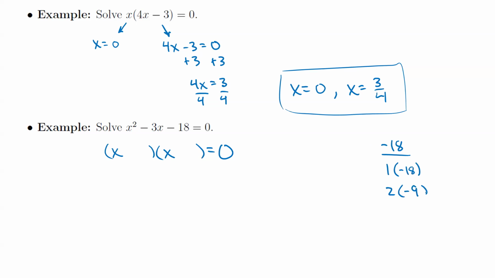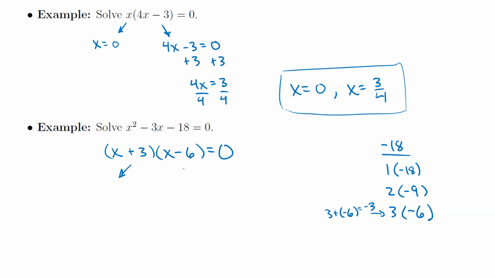So here are our possibilities. And of course, this is the one where 3 plus negative 6 is negative 3, giving us that middle term. So plus 3, minus 6.